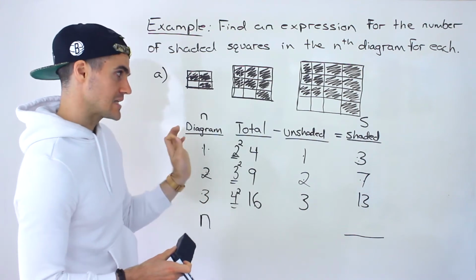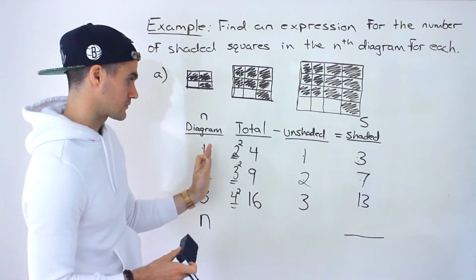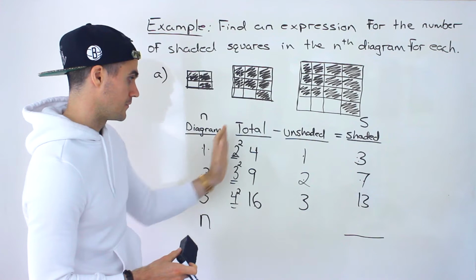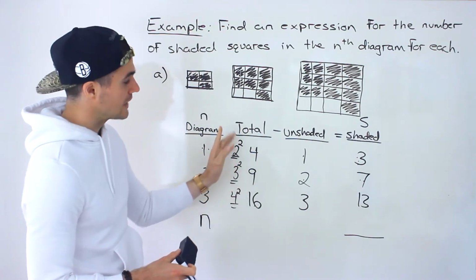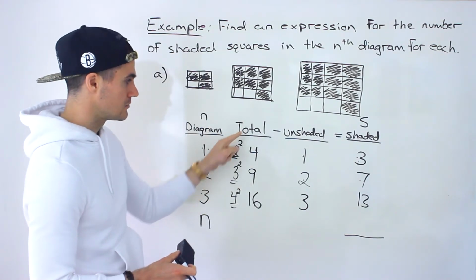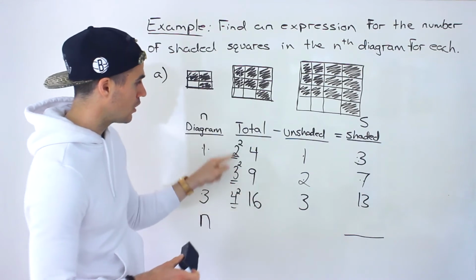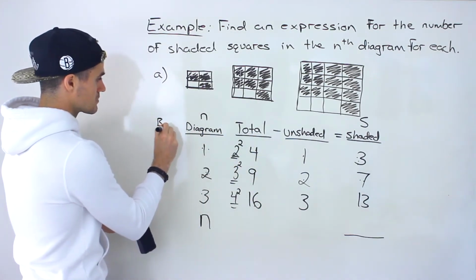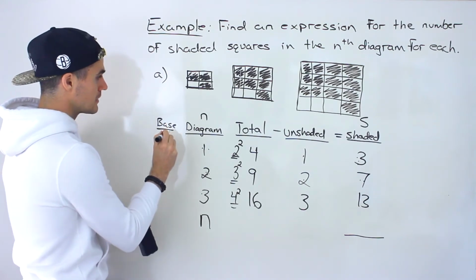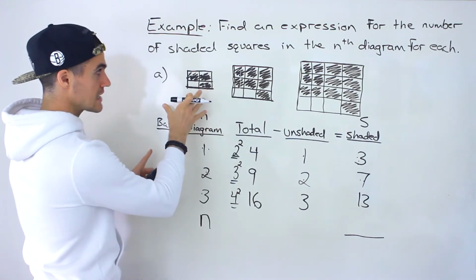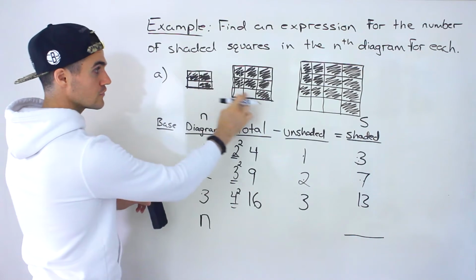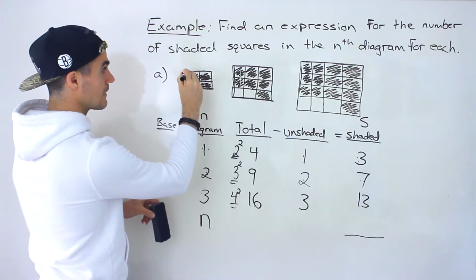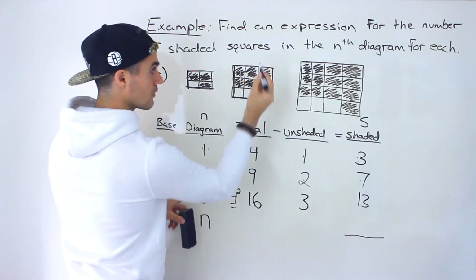So sometimes what you can do is add another column. You could have this total column, and another column you could add, let me just write it over here. Notice that all of these are squares, meaning that the length and the width are the same, right?